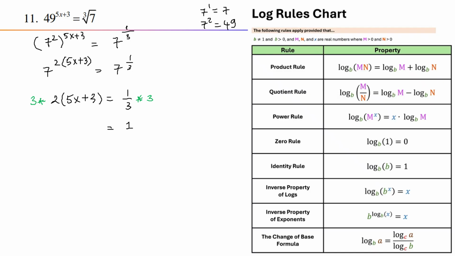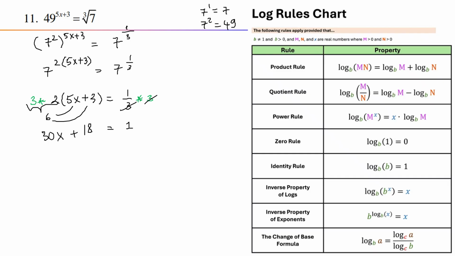The 3 cancels that 3. Now 3 times 2 is 6. Now 6 times 5x is 30x. 6 times 3, that's 18.